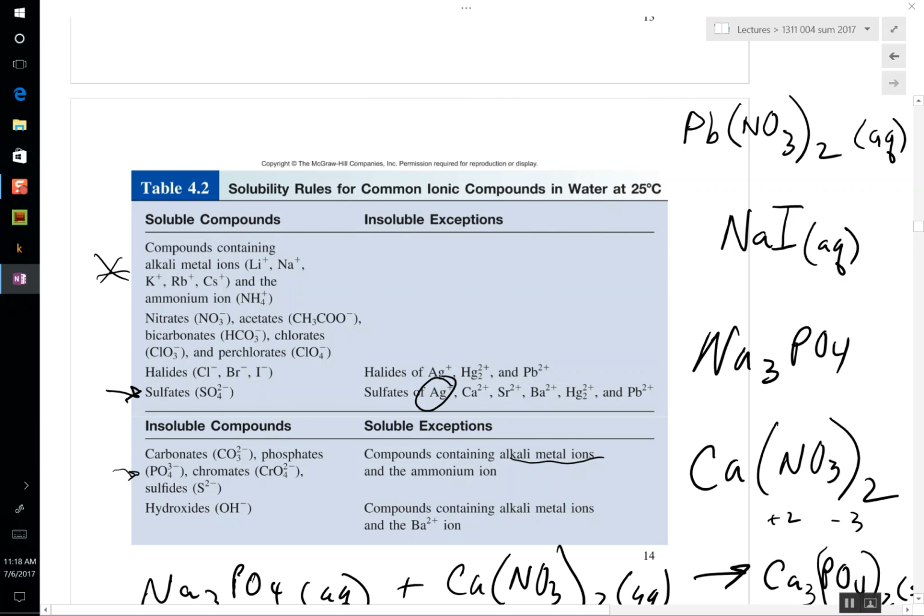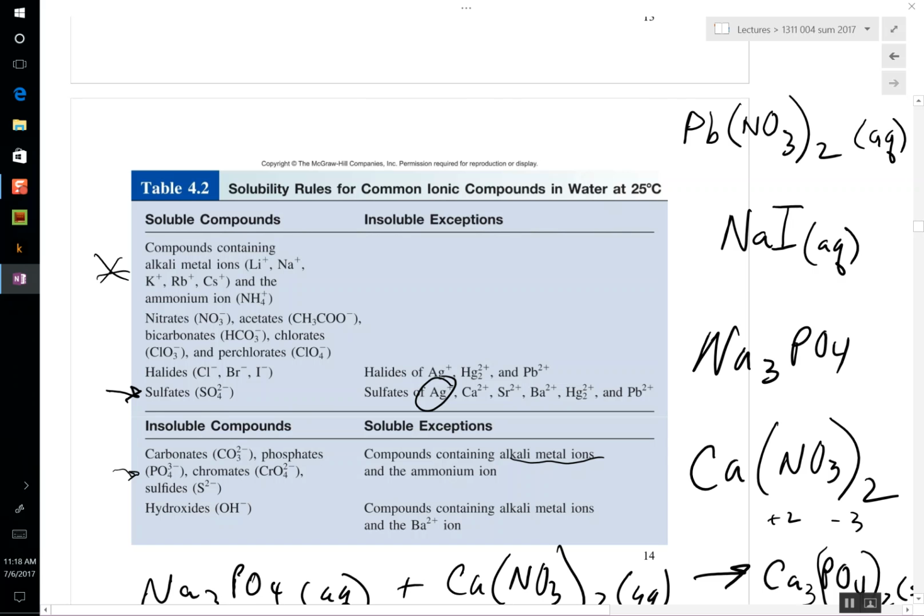Got two sodiums, so I'm going to need a 2 right here to get me my 2 sodiums. That gives me 2 nitrates. I'm going to need a 2 right here to give me my 2 nitrates. That gives me 2 silvers, which I need over here. Is that balanced? Okay. So that's our molecular equation.